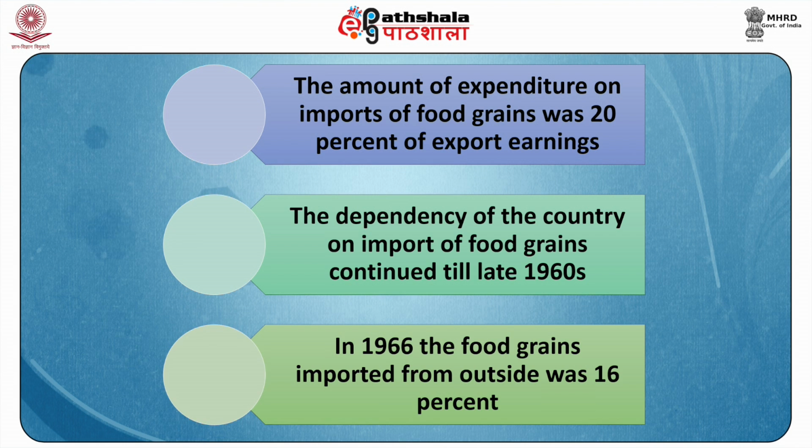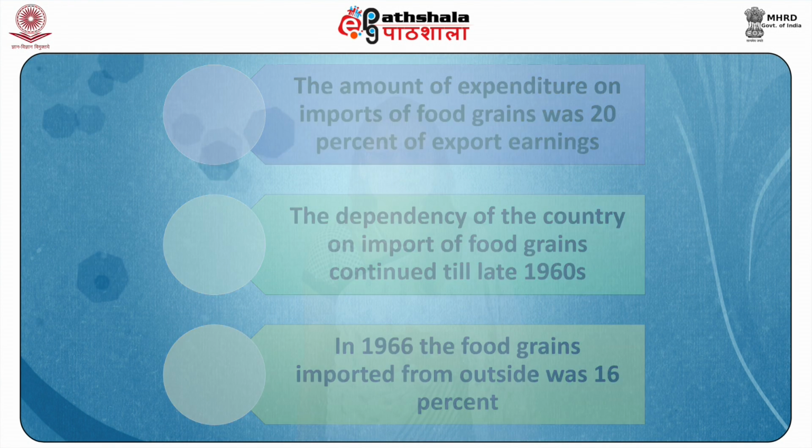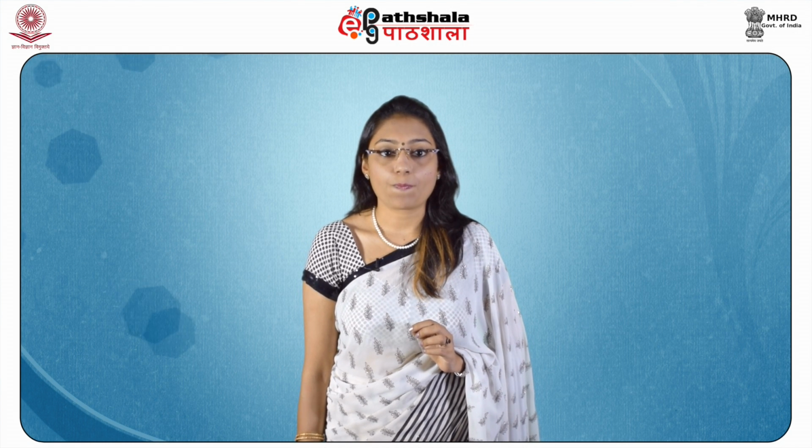In 1966, the food grains imported from outside was 16%. The famous PL 480 agreement signed between India and USA in 1964 was to provide import of 6.9 million tons of food grains, which consisted of rice, wheat, soya beans and maize.